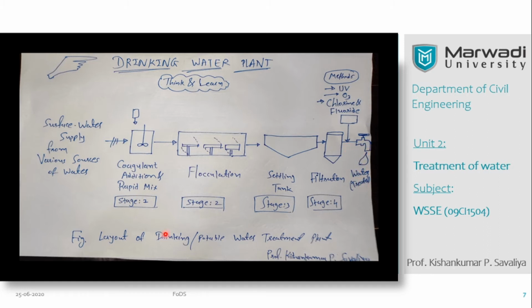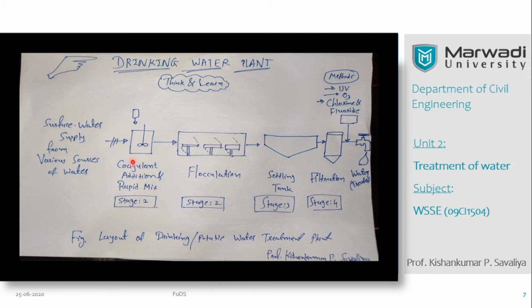So, let us understand this layout of the drinking or potable water treatment plant. You are supplying water to the plant. Now, the first stage is coagulant addition and rapid mix. The function of this stage is that we are adding certain chemicals, called coagulant, to our solution to form solid particles in this tank.